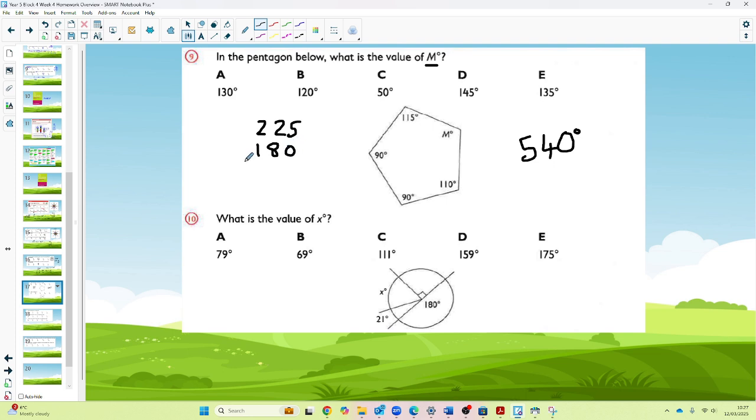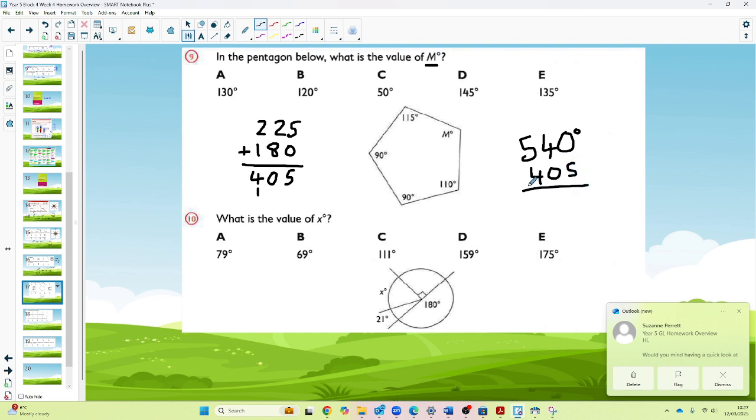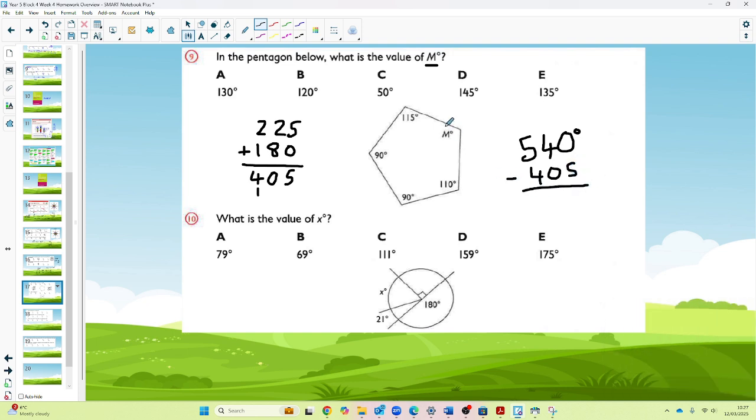So I'm just going to add those numbers up together. Again, just keeping it nice and neat so it's easy to add up. And that, of course, gives us 405. So what we're going to do now with 405 is we're then going to subtract that from 540. And that will then hopefully give us our missing angle, or if you like, angle M here.